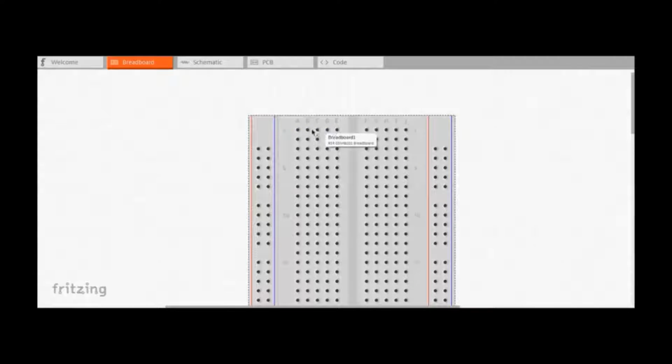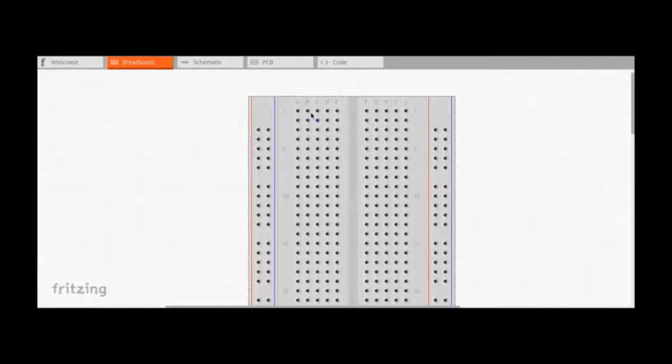All these holes here are connected across, then there's a gap here, and then these are connected all the way across, and that goes for all the holes all the way down to 65. So 10A is connected with 10E and so on and so forth.